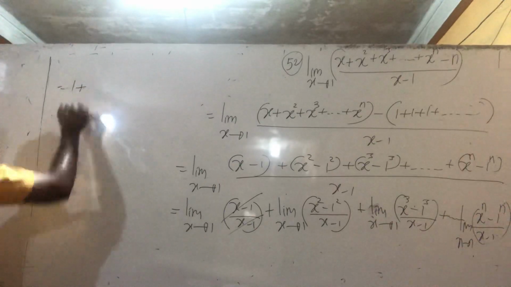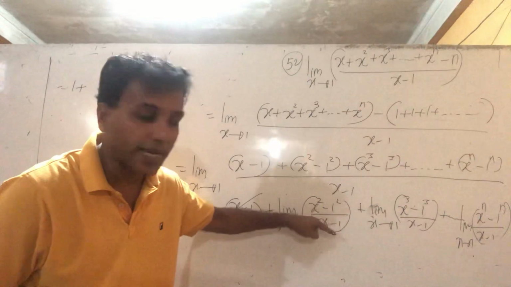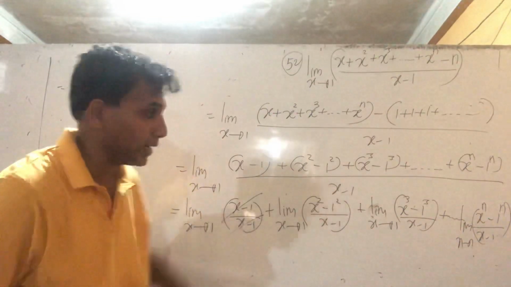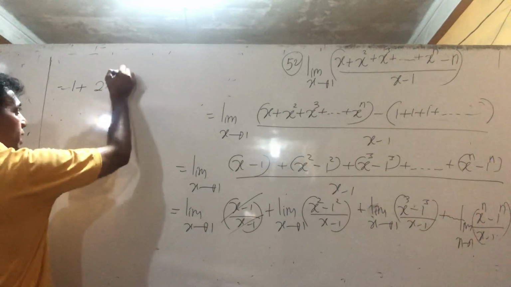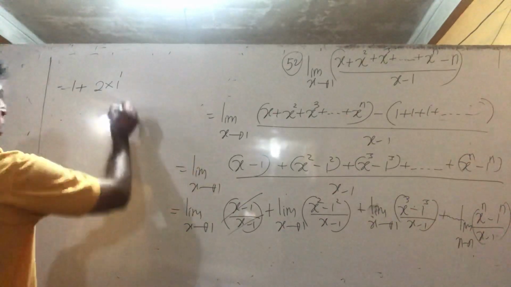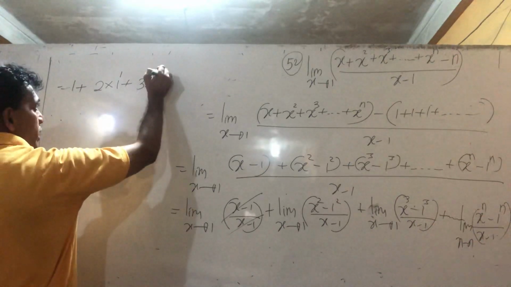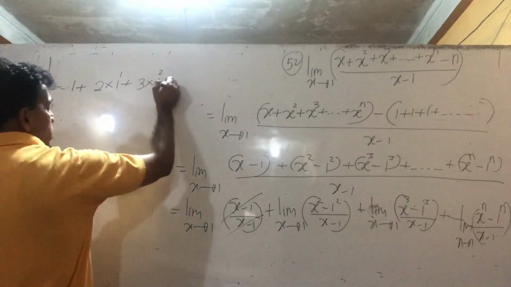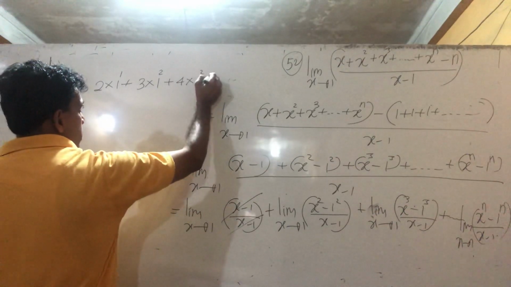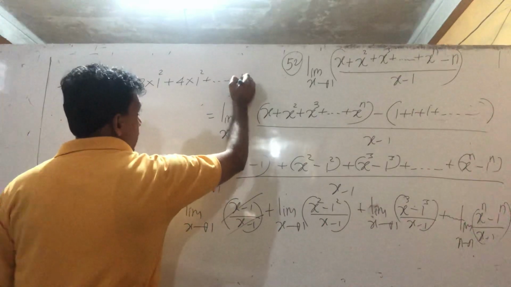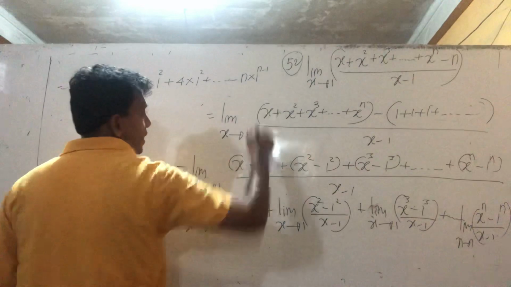1 plus, here write the limit theorem, x to the power n minus a to the power n over x minus a, the answer n a to the power n minus 1. Next one, plus same method, n a to the power n minus 1, so the next one becomes 2 into 1 square. At last what is the answer? n into 1 to the power n minus 1.